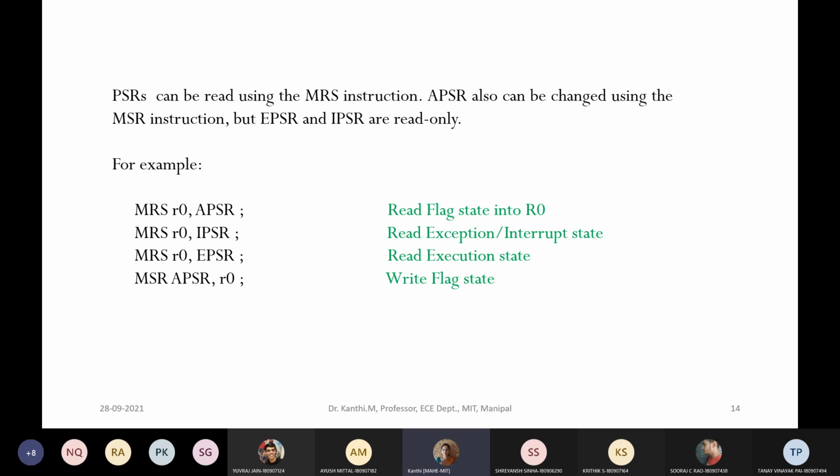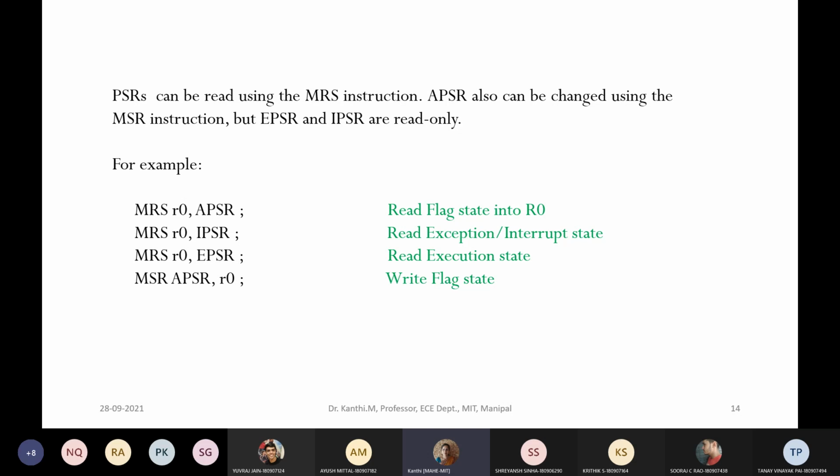If I want to read, MRS means I'm reading the special registers. APSR is for the application, the flags I'm using, I can read it. IPSR, I can read the exception state, and EPSR is for the execution state.